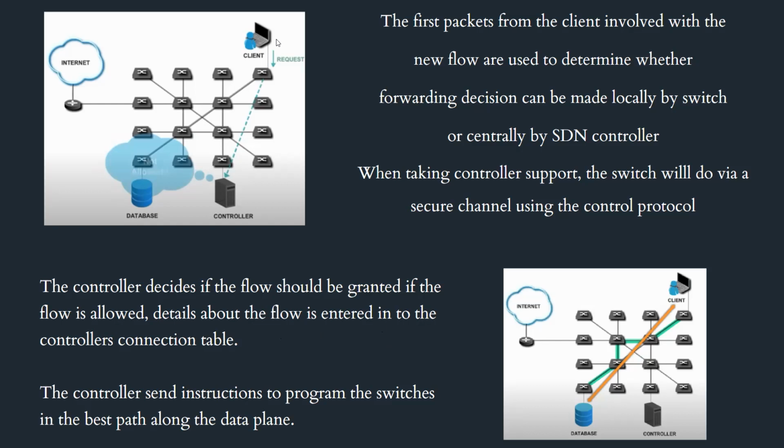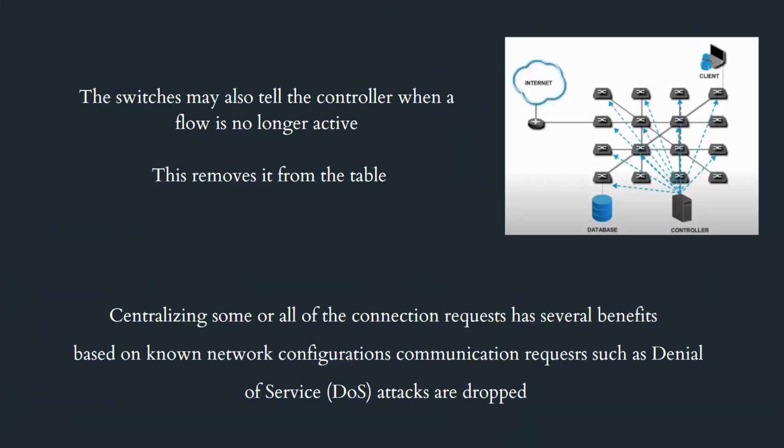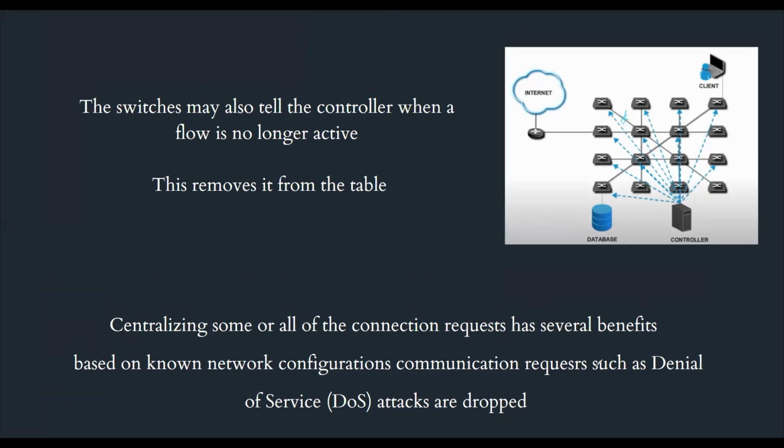Then we have a situation where the links are not active at some points. If one of the links gets broken, then the SDN controller will decide there's some link failure.